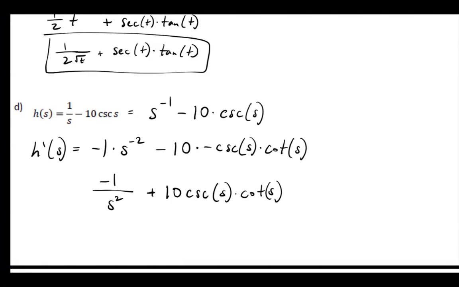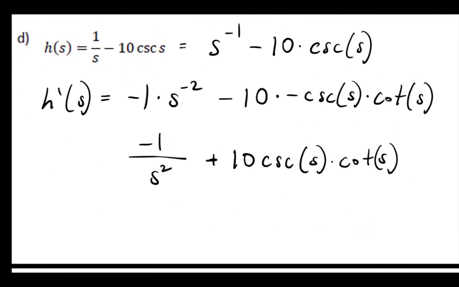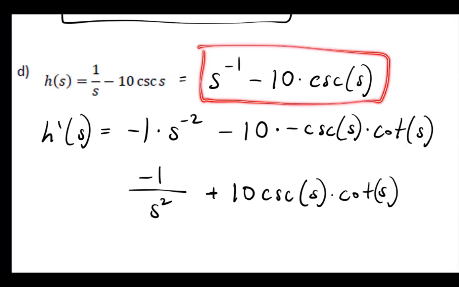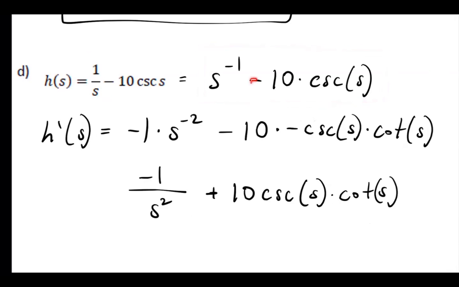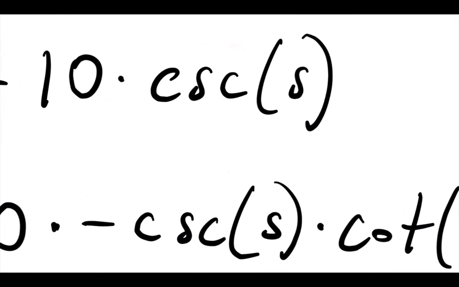So we have a few minutes left, so let me tell you what I did. First thing I did is I changed the way it looks: instead of 1 over S, S to the negative 1, and then minus 10 times. I don't have to use the product rule for this guy, because 10 is just a coefficient. It's 10 times something, so whatever the derivative is, I just multiply it times 10.